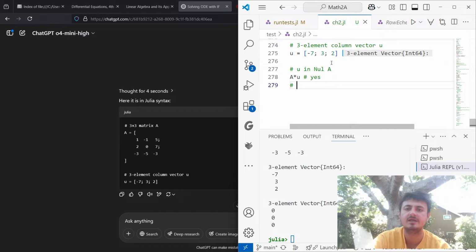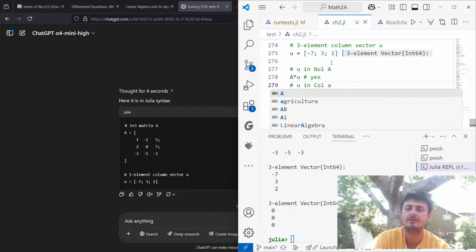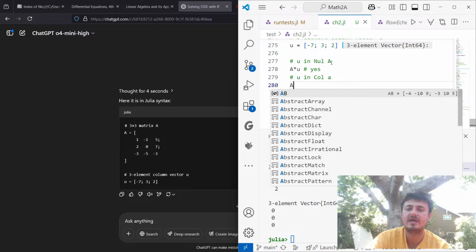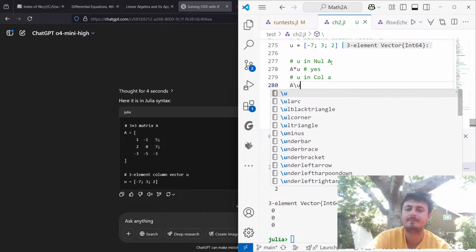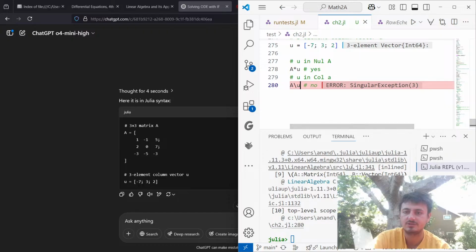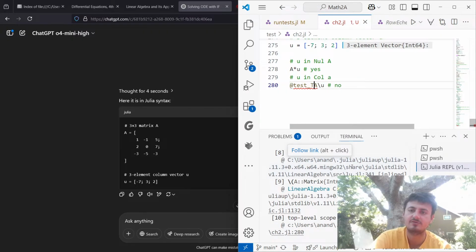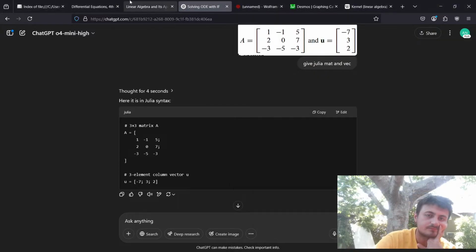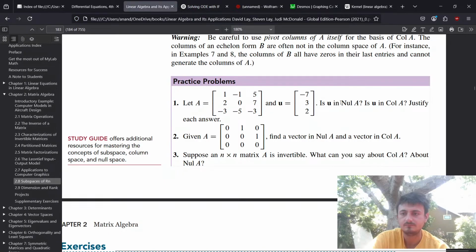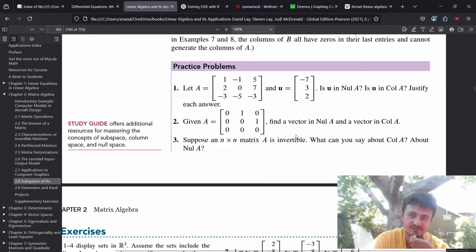Now we want to check if u is in Col A. Then we want to do A backslash u, because that means that there's some linear combination x. So no, it's not in the column space, but it is in the null space.